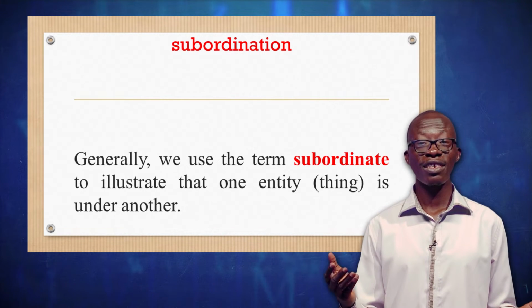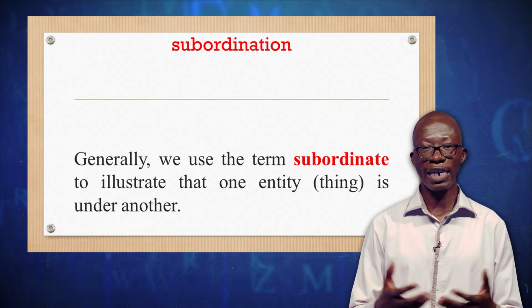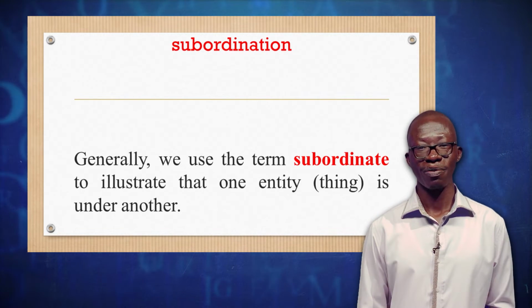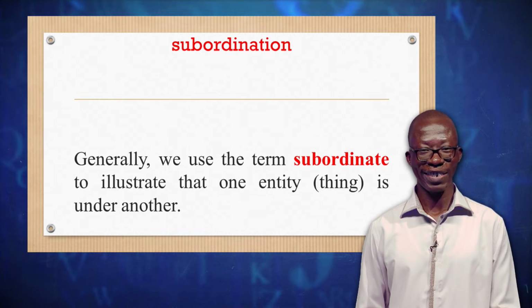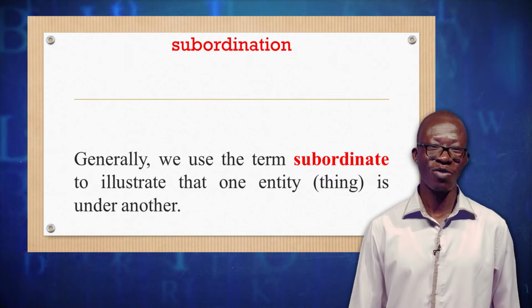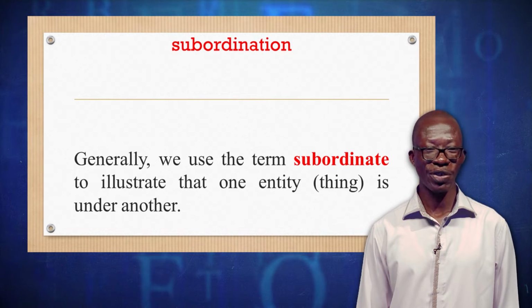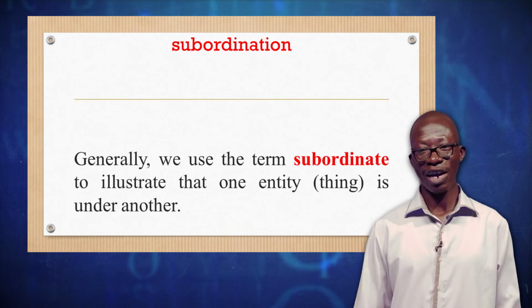So the term subordinate is not new to us as human beings in our daily interactions. At home, we have the subordinate situation and we have a superior situation. And I guess you do know at home those of you who are subordinates and those of you who are superior, depending on the level at which you are looking at.